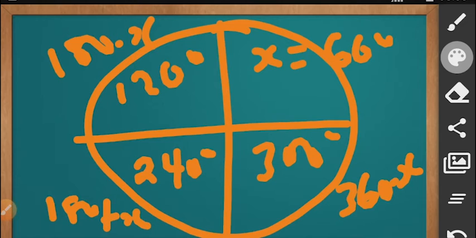Okay, but remember we want where tan is negative. Here tan is positive, here it is negative, here it is positive, and here it is negative. Is that okay? Okay, so remember they have told us something. They have told us what?